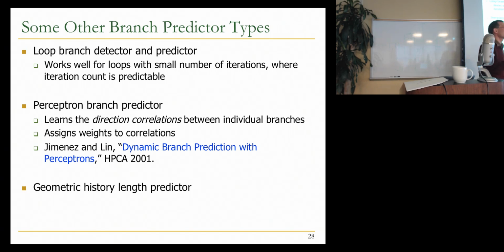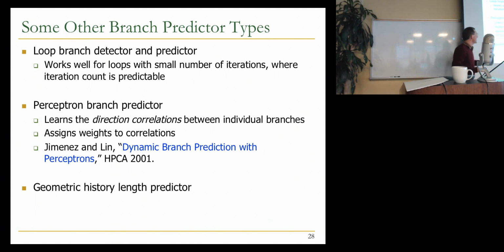For some branches, you don't care. You just look at the previous branch. So how do you design a predictor that caters for both? Obviously, if you design a predictor that has a history length of 1,000, your table is insurmountable, right? How do you design a table that has 2 to the 1,000 entries? Well, you could. Anything is implementable, but at what cost, right? So you don't want to do that.